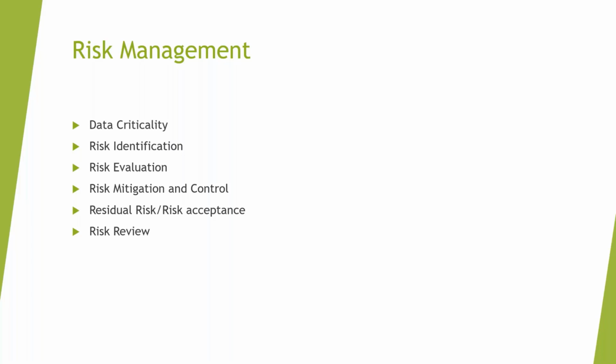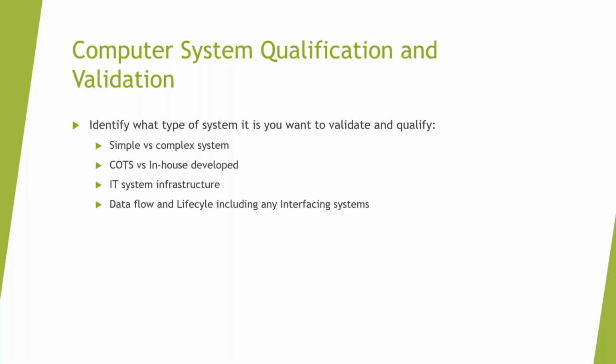And just to give you an example would be systems having full audit trails such that you could see if a piece of data was changed or deleted and who did it and when they did it. It may be that there is a certain level of residual risk and risk acceptance, and again, you would assess this as part of your data integrity risk assessment. And then finally, you have to periodically review the risks to your data and see if the measures that you have in place are still appropriate.